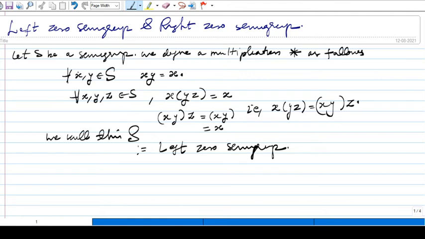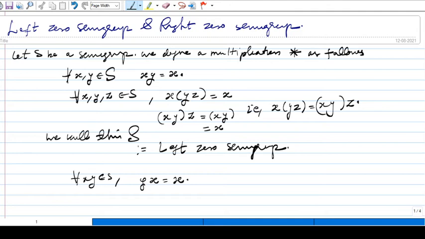The right 0 semigroup can be defined similarly. For any x, y belonging to the semigroup, we define y star x equal to x. In this case, when you multiply two numbers, you get the right number as a result.